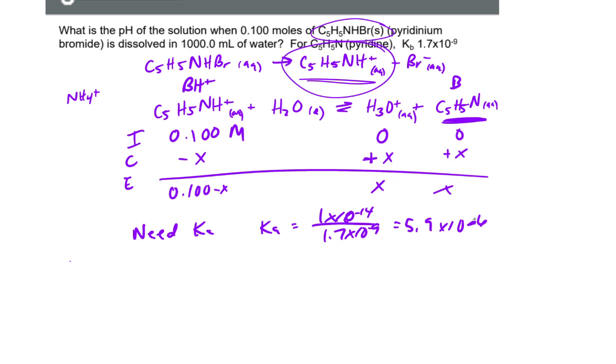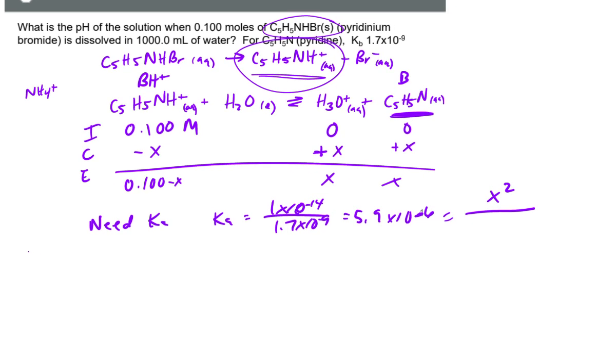We can determine if X is small when we set up our full equilibrium constant expression. This is equal to X squared, the concentration of products, divided by the concentration of reactant. We can determine if X is small by looking at the initial concentration, 0.1, divided by the Ka.